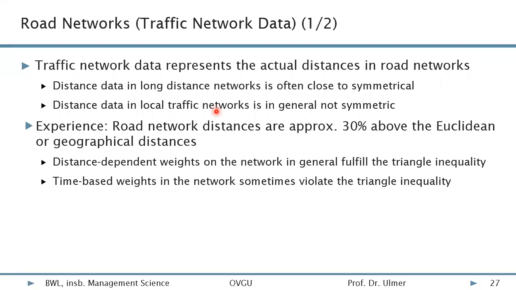So suddenly this distance, not the time, is way longer than the other way around. So in a city, this matters. If we are long distance, then it doesn't matter that much anymore. And as I also said, the road network distances are about 30% above the geographical distances as the crow flies, Luftlinie.